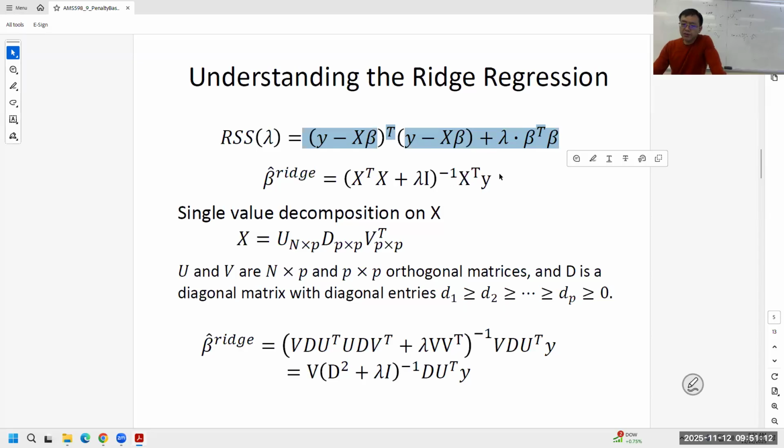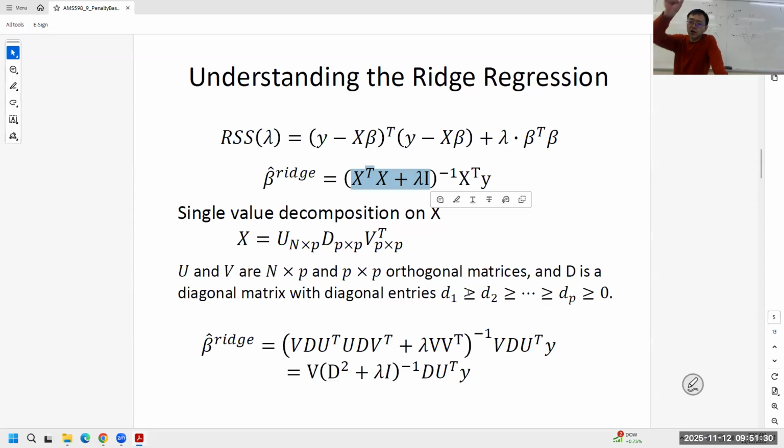It's pretty simple. If you just take the derivative of the RSS with respect to beta, it's very easy to see the beta hat from the ridge regression. It will be the inverse of x transpose x plus lambda I, where I is the identity matrix with a diagonal of 1s, times x transpose y.